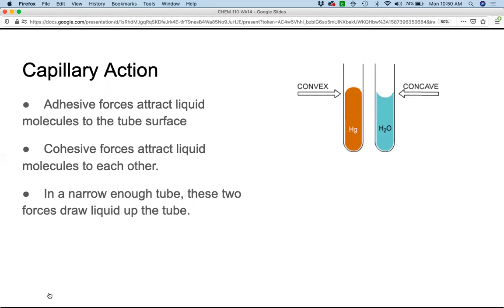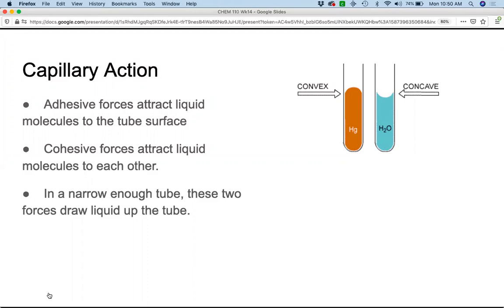forces, or capillary action. In this case, mercury and water have different behaviors. If you were to look in a sufficiently narrow glass tube, you would see that water has a meniscus that is concave, or dips down, and that mercury has a meniscus that is convex, or curves up.